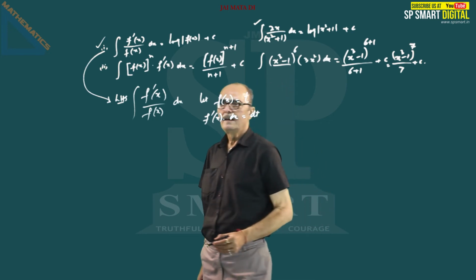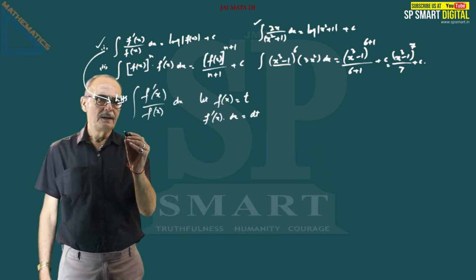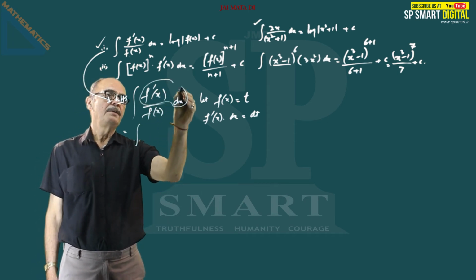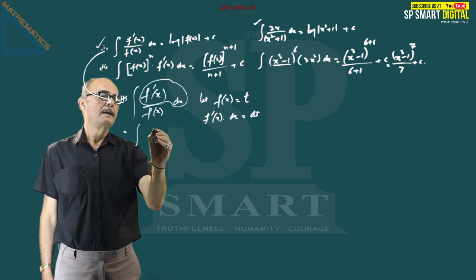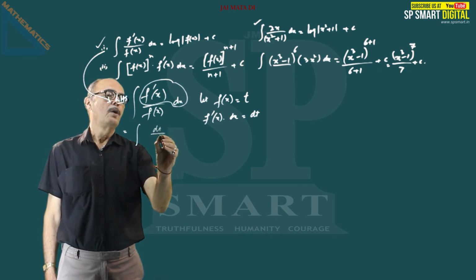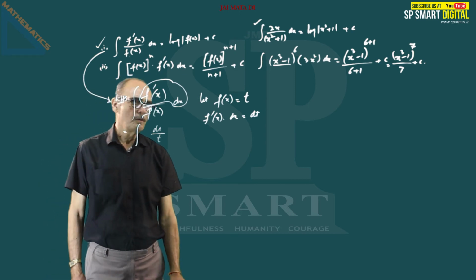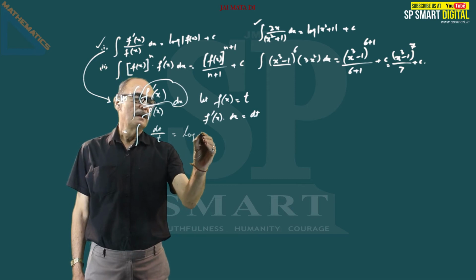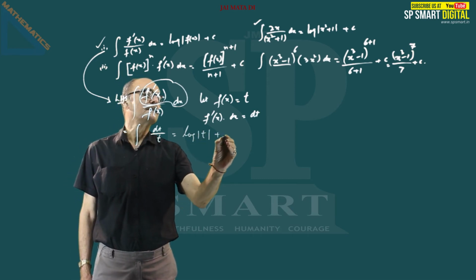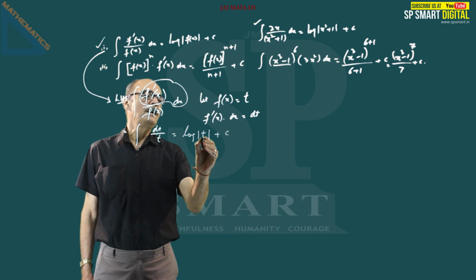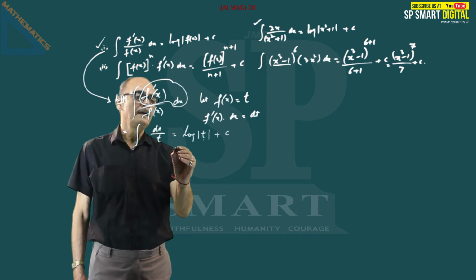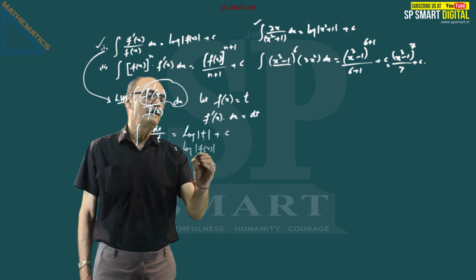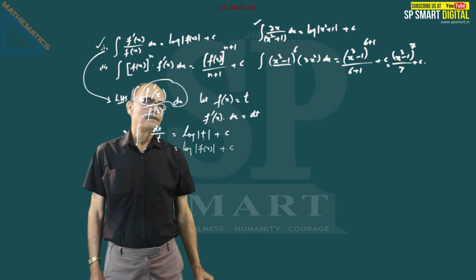If we replace the numerator f dash x dx by d of t upon t, we can integrate it as log of t plus c, and now replace this t by f of x, because t stands for f of x.